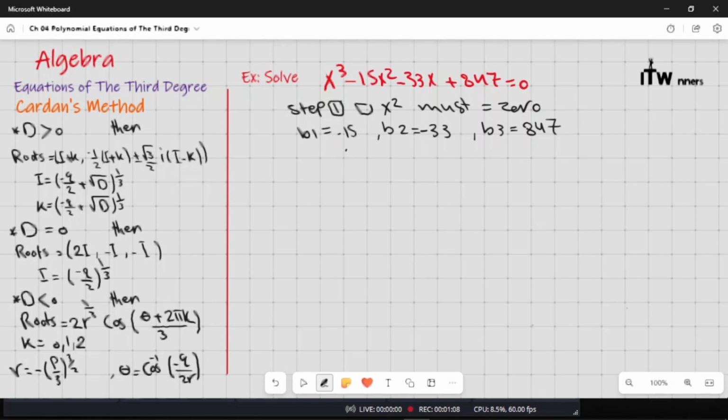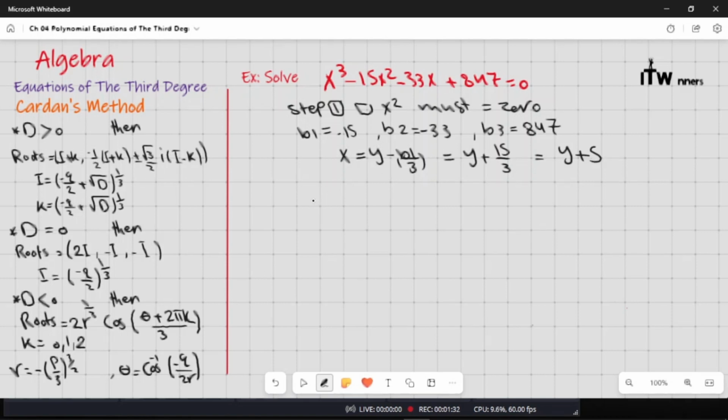We don't have p1 equal to 0, so we perform our transformation of the equation by replacing x by y minus p1 by 3. So x equals y plus 15 by 3, so we replace x by y plus 5.